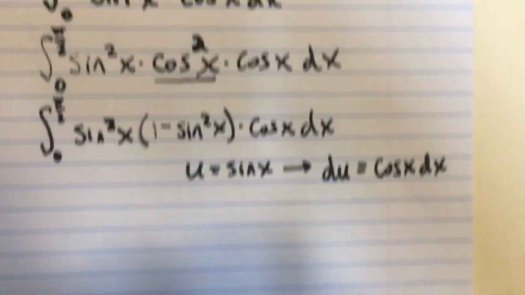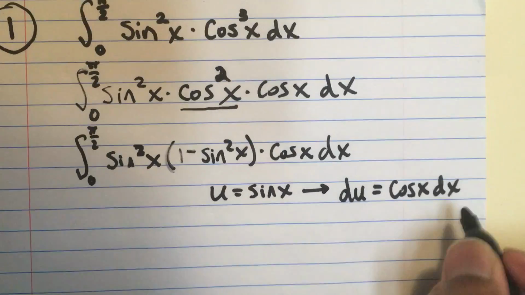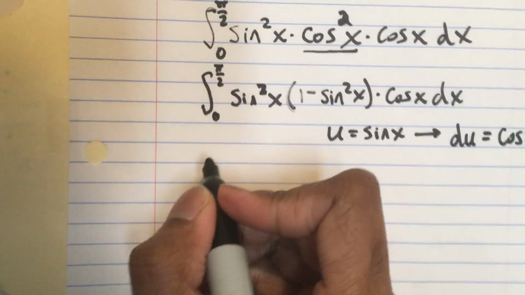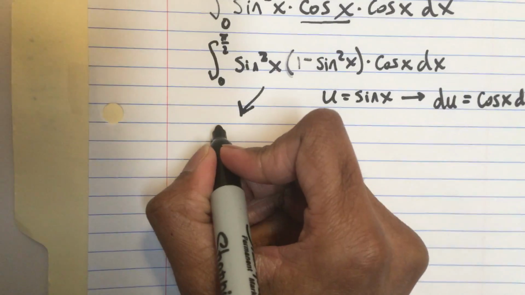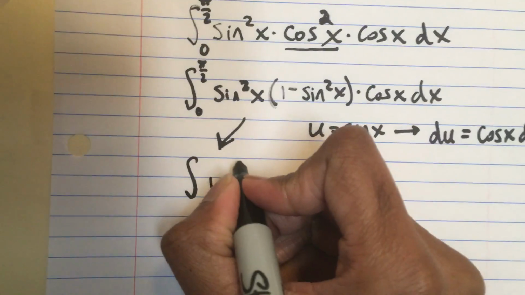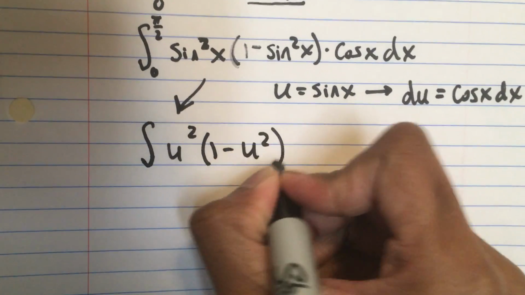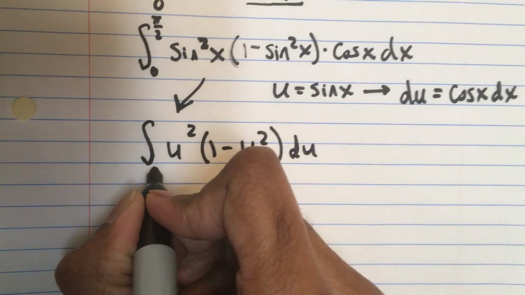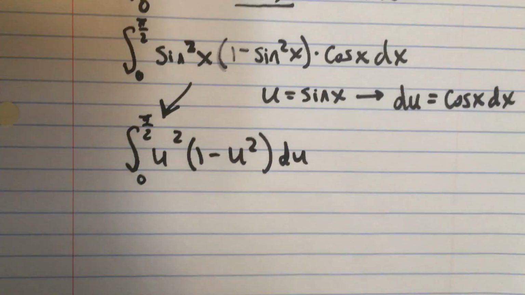So that's why I wanted to use u equals sine x, so we have a positive du. So now I'm going to rewrite this integral right here. I'm going to have the integral of u squared times 1 minus u squared du from 0 to pi halves.